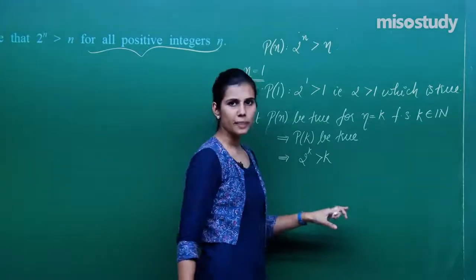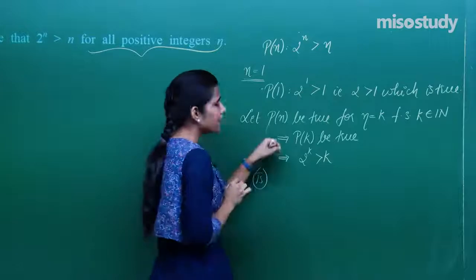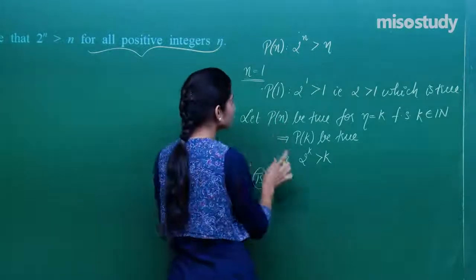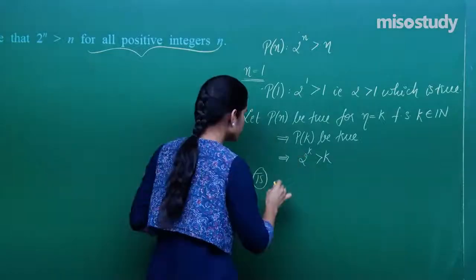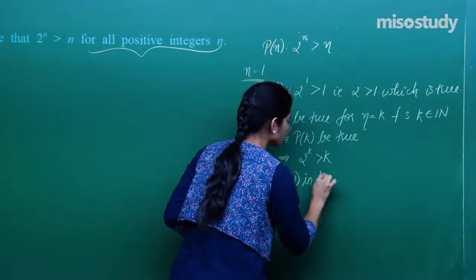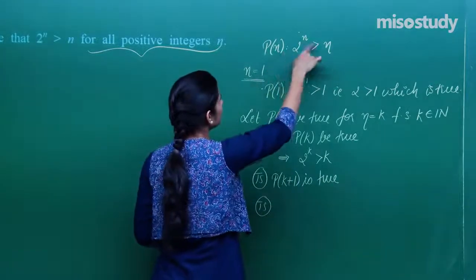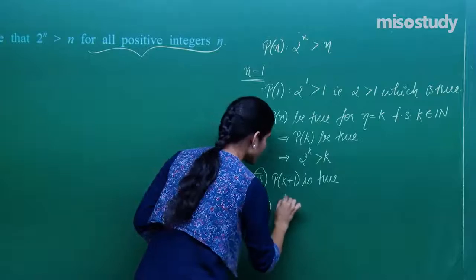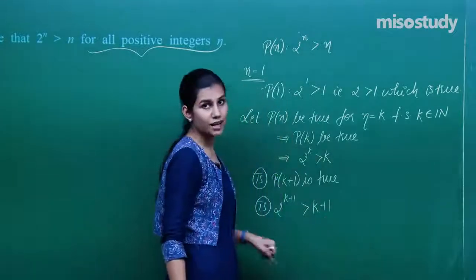This is holding, that means this statement is true. If the induction hypothesis step has been done, that means I have assumed Pk is true. With this assumption holding, I need to show Pk plus 1 is true. That means I have to show what? Pk plus 1 is true means I have to show 2 to the power k plus 1 is greater than k plus 1.